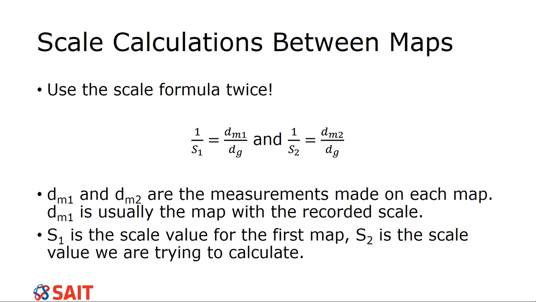It doesn't mean that it suddenly got bigger or smaller to walk from Campus Center to 16th Avenue. It's always going to be the same. You're going to measure between the same two points on both maps. So dm1 and dm2 are the distance between the same two points on both maps, but dg does not change. It has to stay the same. Okay.